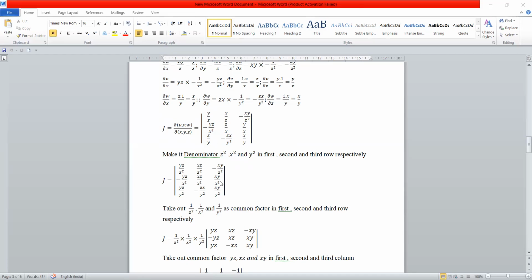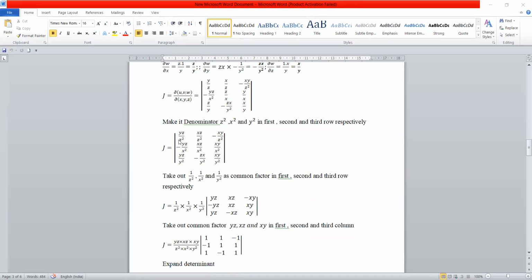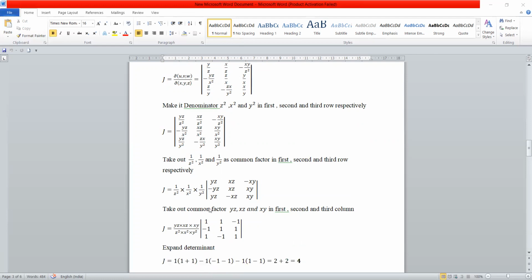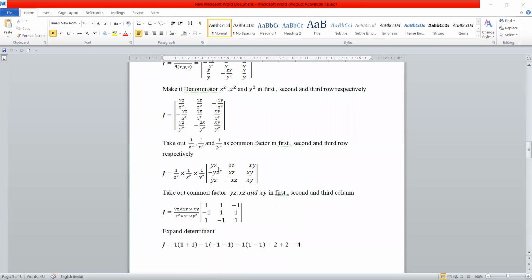So after getting this, take 1 by z square as common factor in the first row, 1 by x square in the second row, 1 by y square in the third row. So we are just left with yz, xz, minus xy, minus yz, xz, xy, yz, minus xz, xy.